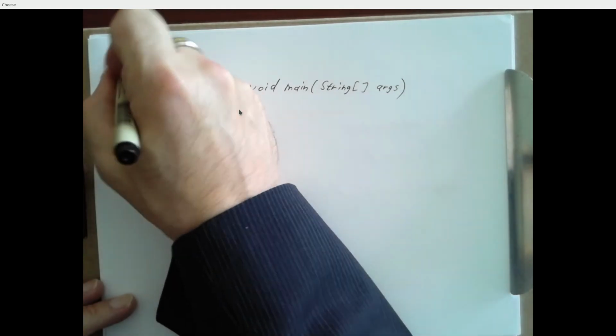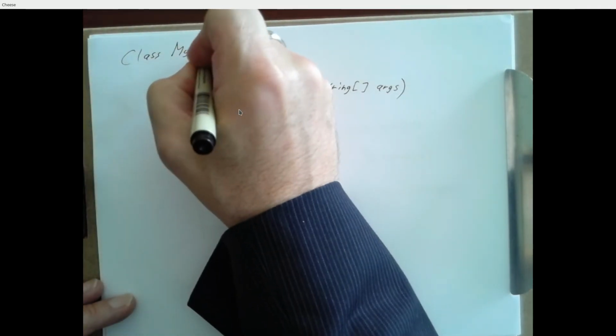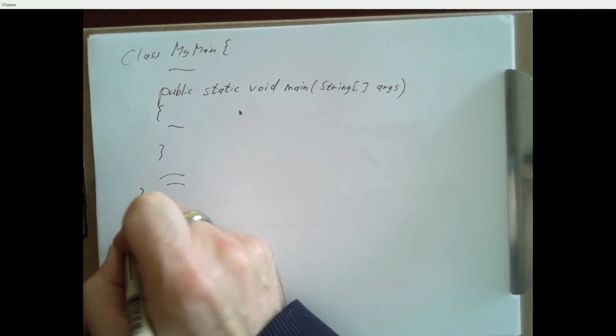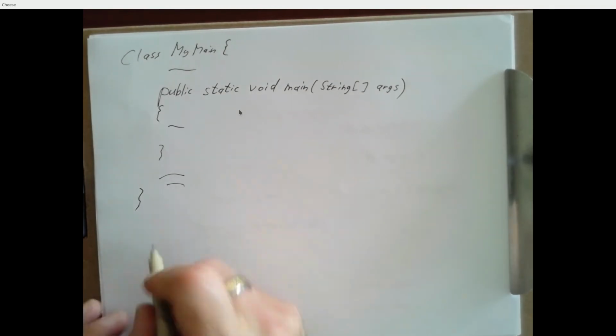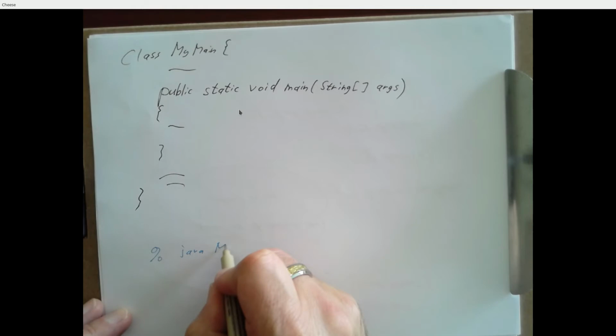So what is all of this stuff? We're inside some class, and somewhere inside here we've got this public static void main. And remember, when you want to execute this, you say something like java MyMain.